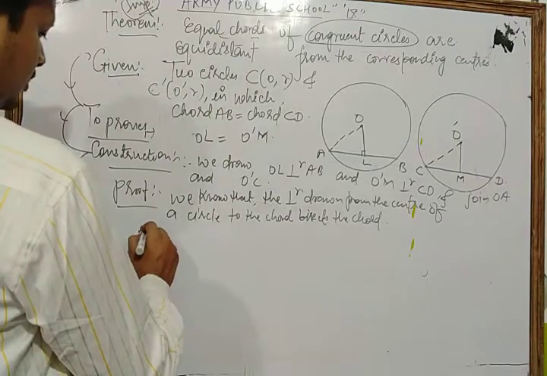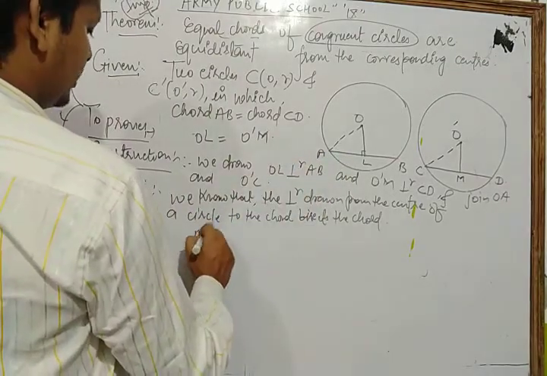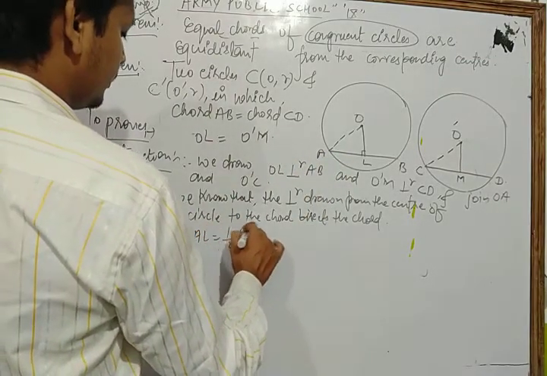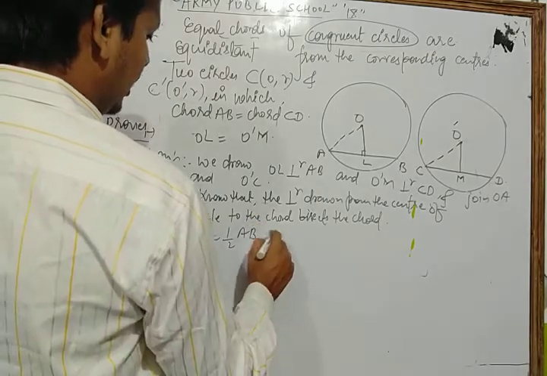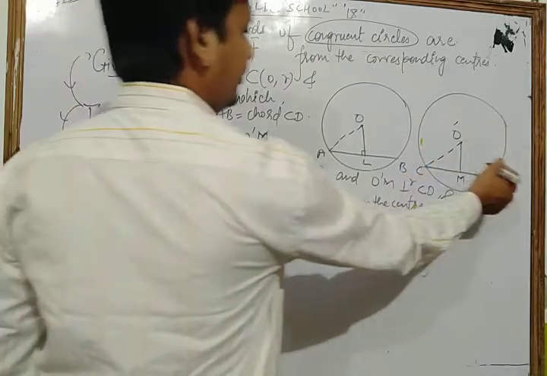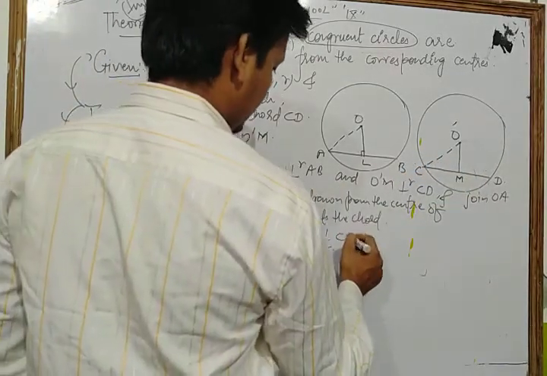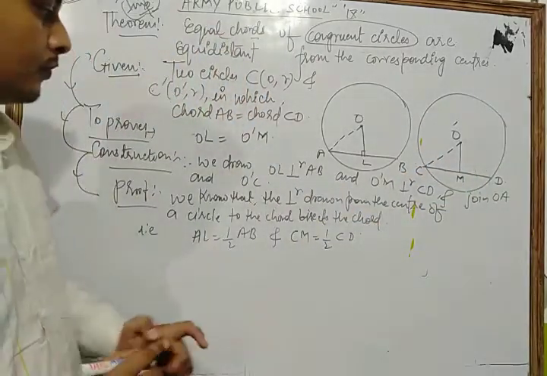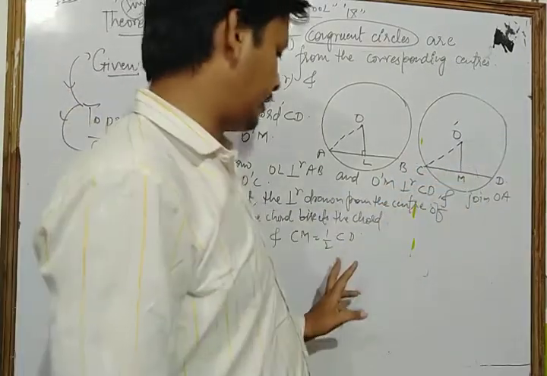That is, AL is equal to half of AB, and similarly CM is equal to half of CD.